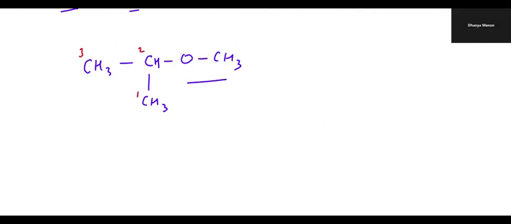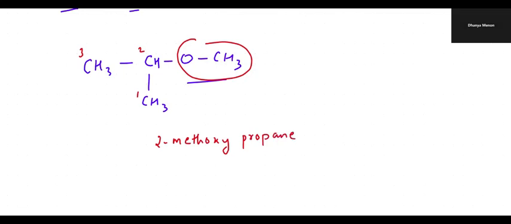So methoxy is at what position? Second position. So 2-methoxy. Then the main chain or the longer chain is prop, all single bonds. So propane. So this is the IUPAC name.